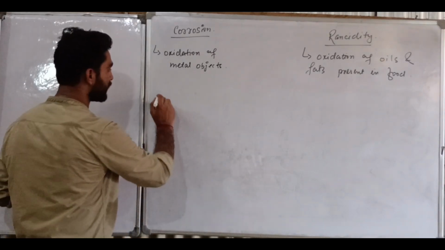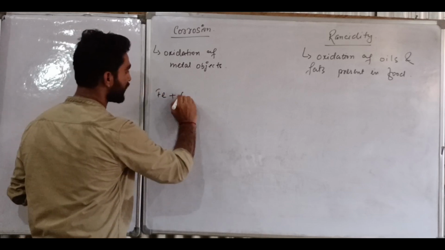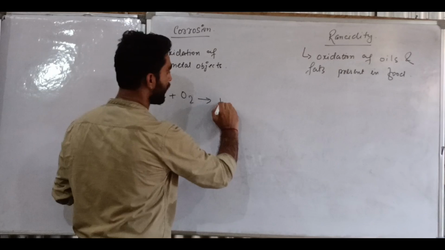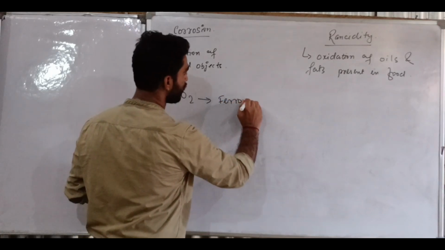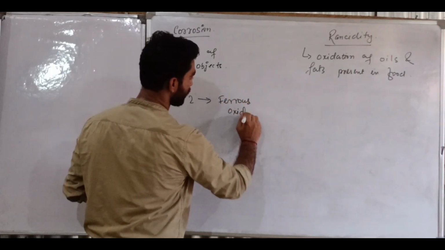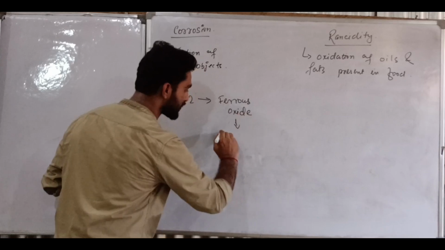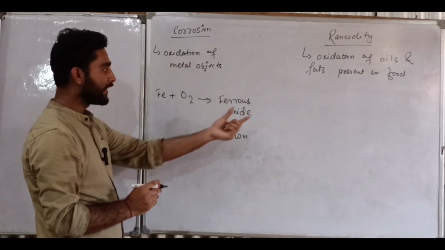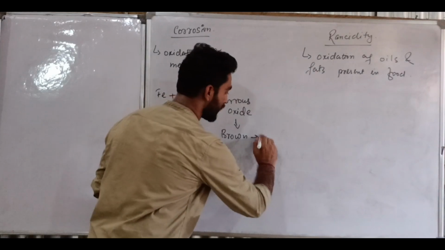When iron comes in contact with oxygen, it converts into ferrous oxide, and this forms a layer of brown color.